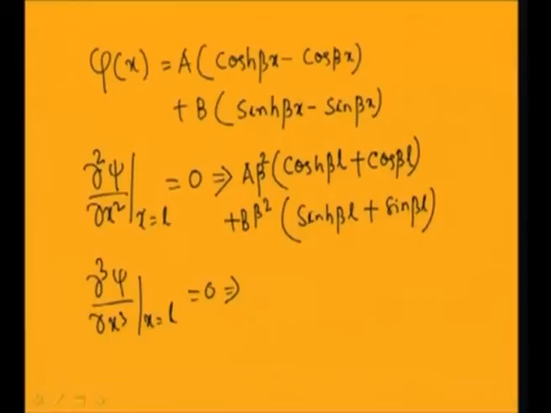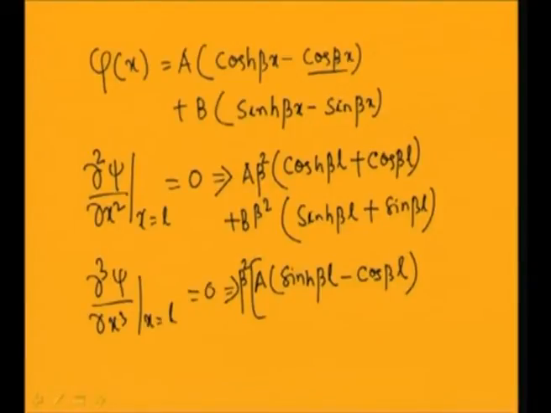I can take beta square common, so this becomes a into sin hyperbolic beta L. Then for this term, differentiating it twice, cos becomes minus sin, so this becomes plus sin, then differentiating again becomes plus cos, and differentiating once more becomes minus cos. So this becomes minus cos beta L.